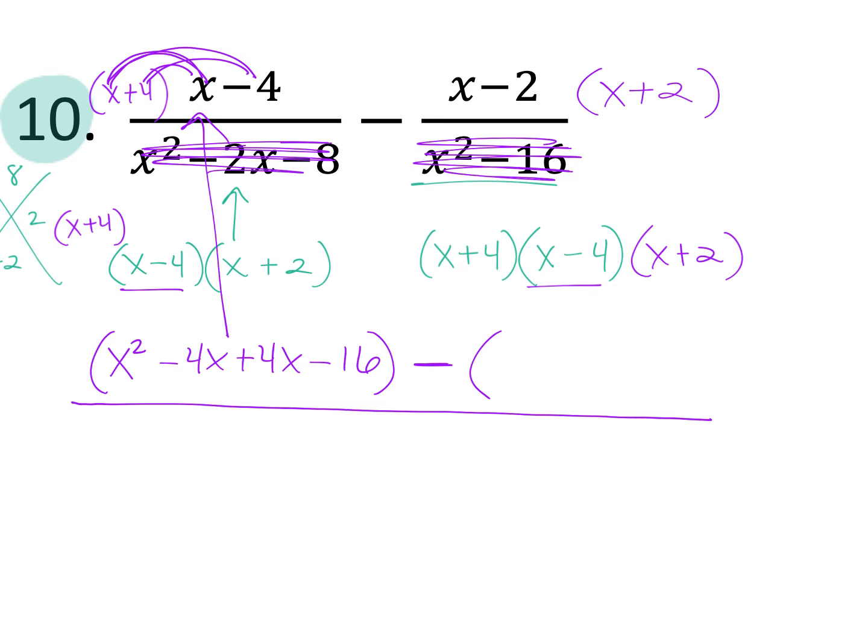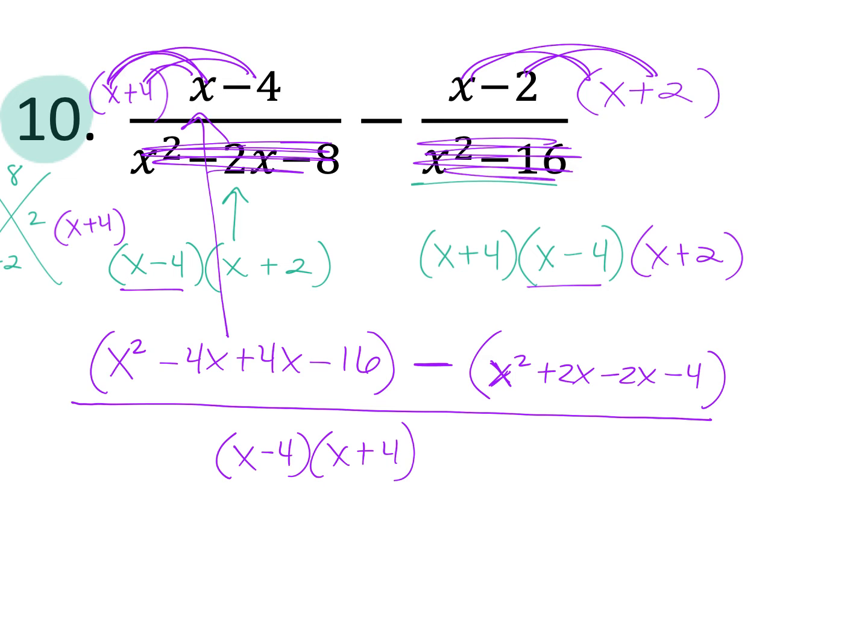Minus, now the right side. If you distribute that, again, it's a difference of squares setup, right? X squared plus 2x minus 2x minus 4 is the setup there. And it's over x minus 4 times x plus 4 times x plus 2.